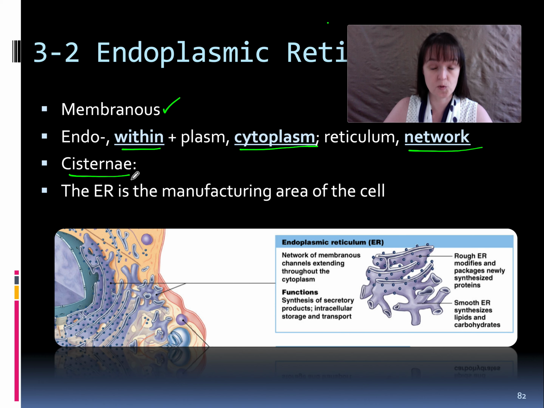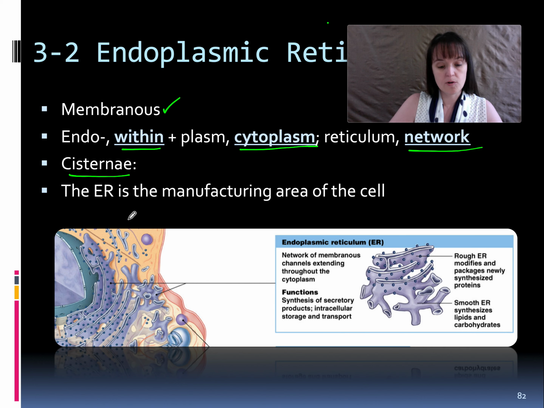You need to write out smooth endoplasmic reticulum and rough endoplasmic reticulum correctly spelled if you want any credit. So like literally you get a letter wrong and you won't get credit. When I have time, I do go through and give partial credit if the spelling is within one letter. So, spelling counts.